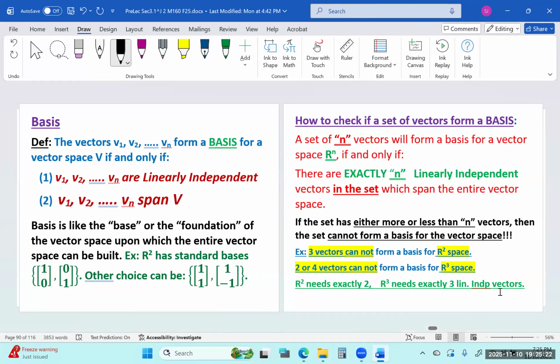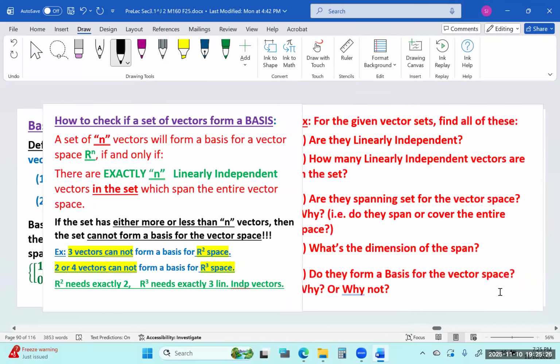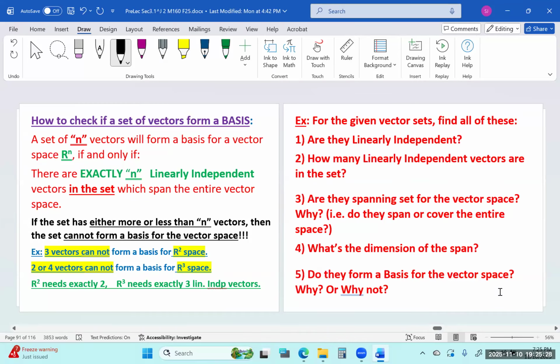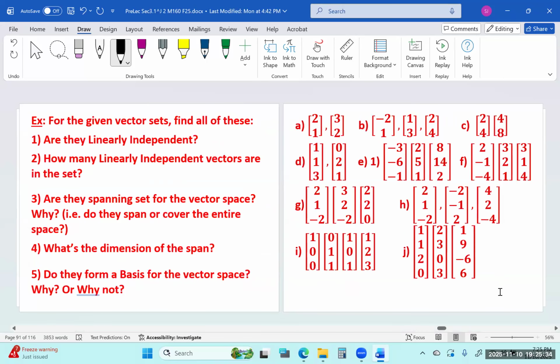And that's all the background information you need to find the answers for all these questions for all these vectors. They'll be in the exam. I'm going to give at least two, one for R2, one for R3, to answer all these things.